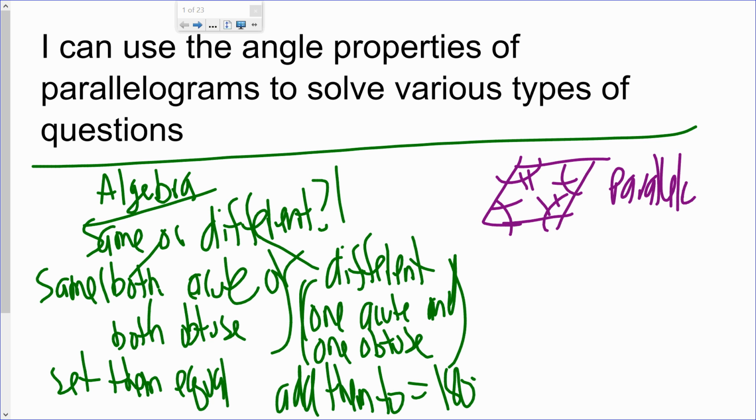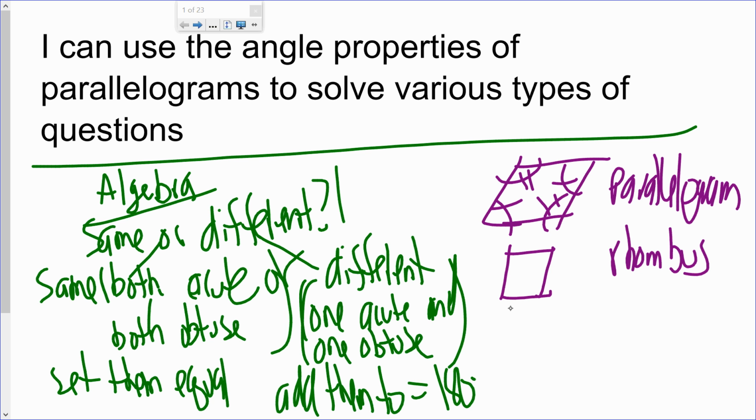The other properties that you need to know deal with angles in a rhombus or a square. The diagonals bisect the angles. What you also have is more for all the parallelograms.